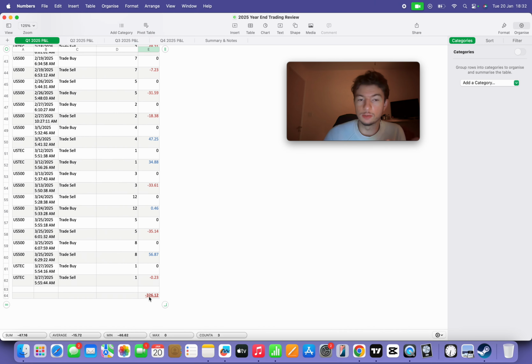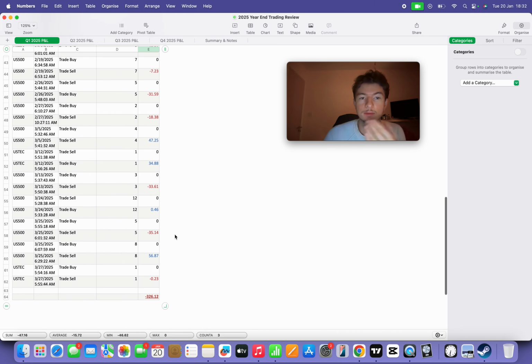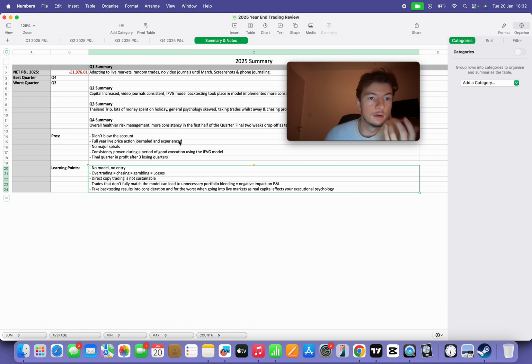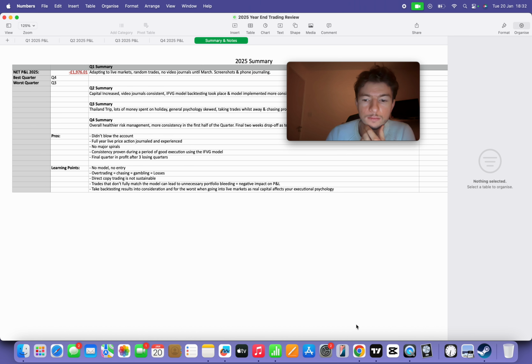This was a lower drawdown month, I was trading smaller size. But in the quarters where the drawdown was big, it was bigger size, and it was when I was re-entering trades on the same day. I'm reiterating it because it's worth reiterating for myself to know. Just interesting to note.